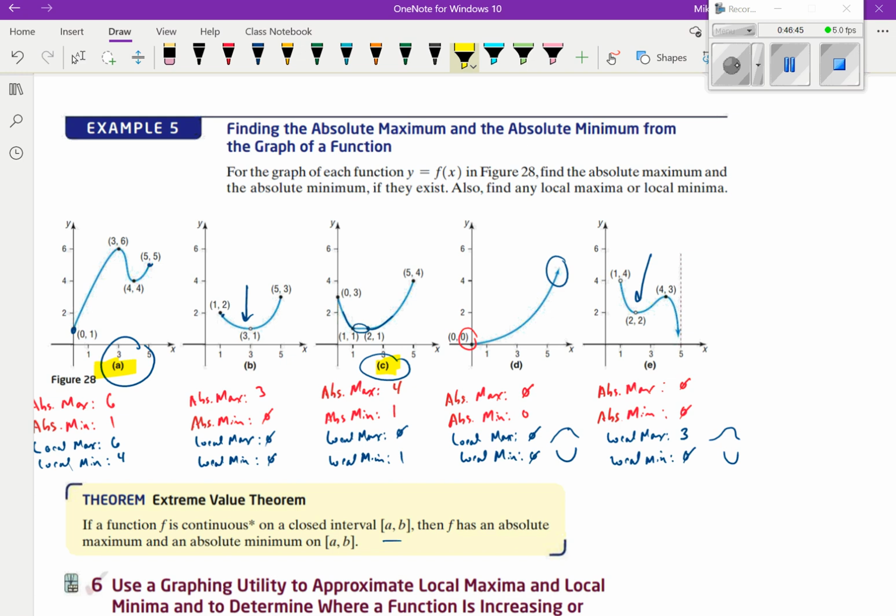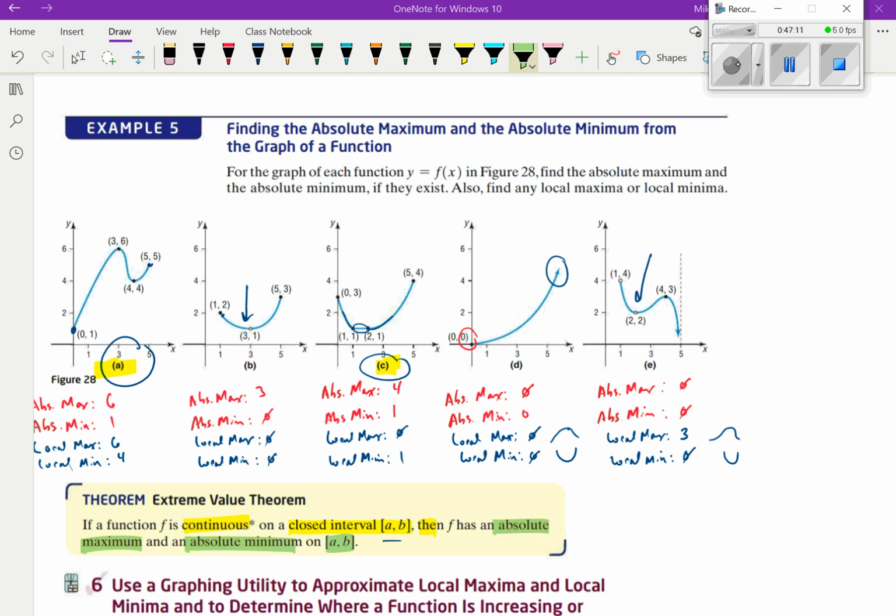Well, what does this theorem say then? If a function is continuous and we have a closed interval, then we have an absolute maximum and an absolute minimum on that interval somewhere between A and B. So that means we have an absolute max and an absolute minimum, and they're somewhere between those two values.